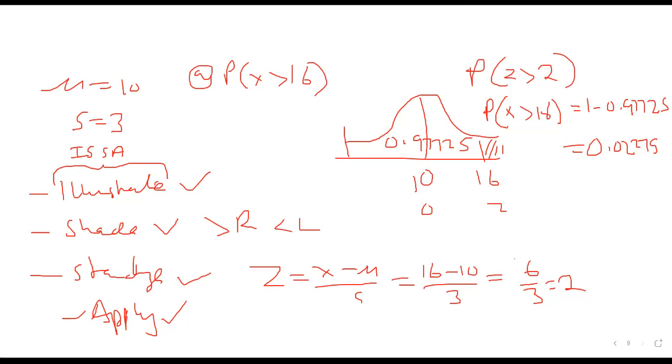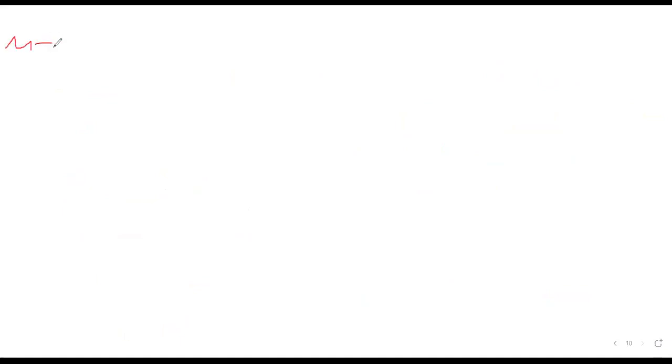So who wants to try? Let's do another one. Suppose you are asked the same parameters. Mu is equal to 10, sigma is equal to 3. Find the probability that X is less than 13.